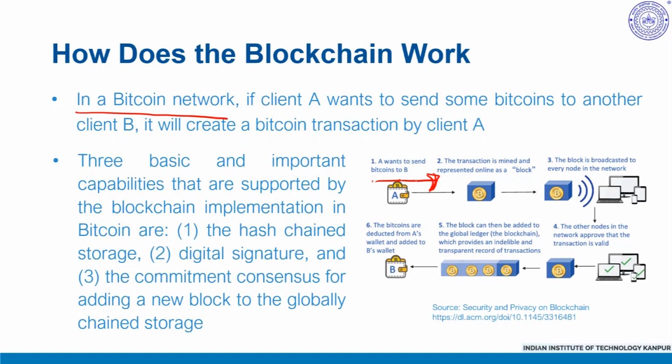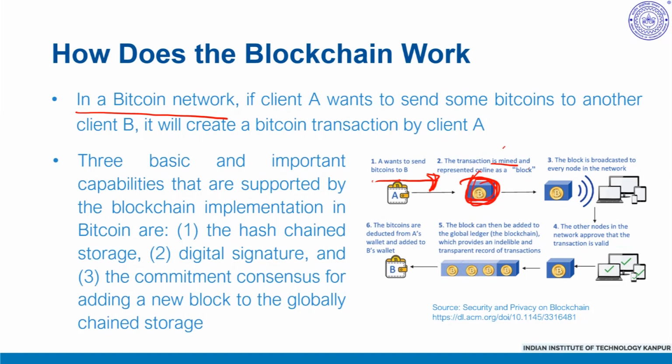The transaction has to be approved by the miners. So this transaction is mined by the miners before it gets added in the form of a new block of information about the transaction on the network. So it needs to be added before and verified by the miners.